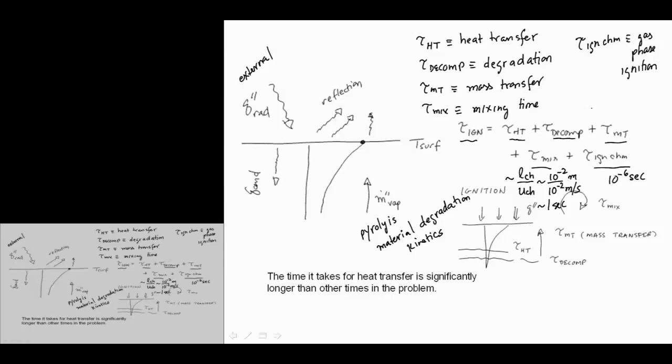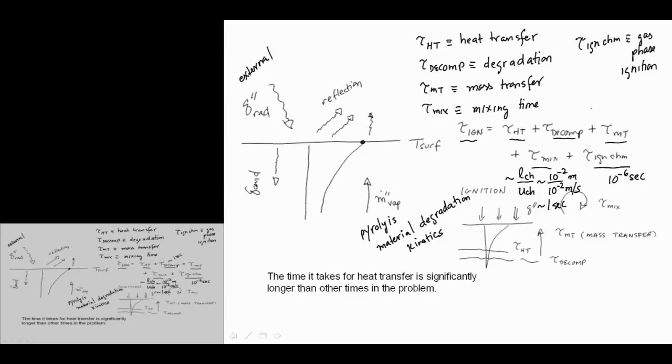Tau decomposition at the types of temperatures that we're interested in will look like on the order of a few seconds. So we're going to just put a second here. And this is, again, like a chemical time scale, but it's a chemical decomposition time scale.